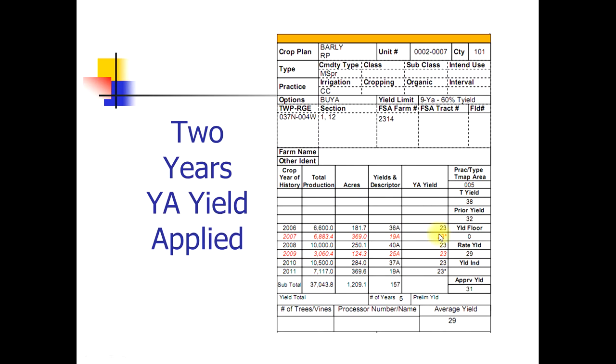So even if we had a 0, they would plug a 23 into your history to figure your approved yield, which is over here. So we had a couple years here anyways. You can see where there's asterisks by these, where they plugged in yields for us. 2 23s to replace the 2 19s for the 2 relatively bad years. So that created a spread between our rate yield and our approved yield. And when that happens, that actually will increase your premium a little bit on that unit because they were plugging yields in there for you.